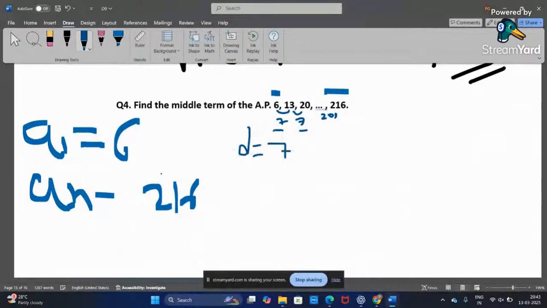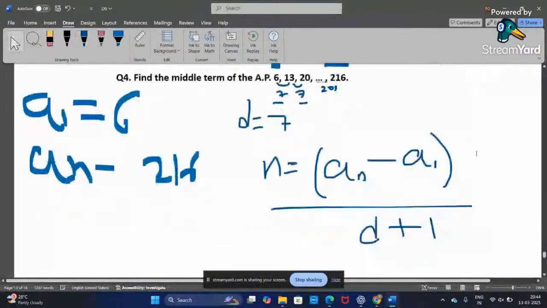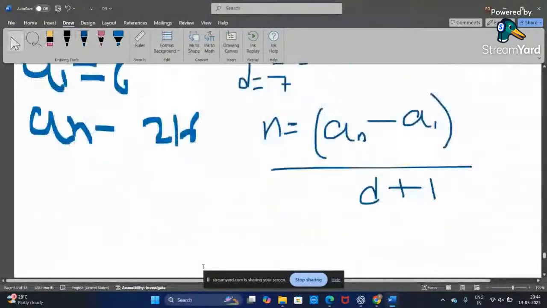So now, to find the number of terms, first we need to find how many terms are there from 6 to 216 with a difference of 7. The formula is AN minus A1, divided by D, plus 1. This is the formula to find the number of terms n.